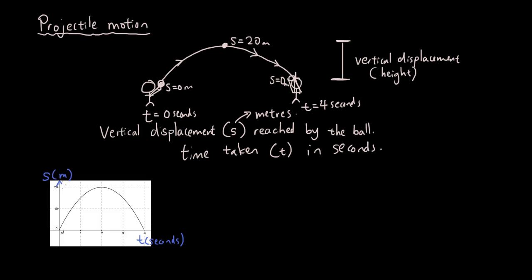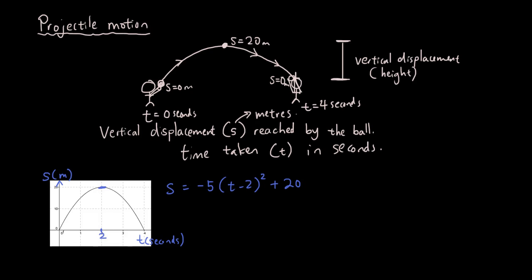So the equation of this graph is S is equal to -5 bracket t minus 2 squared plus 20. As you can see, at the highest point, the ball reaches 20 meters at 2 seconds.